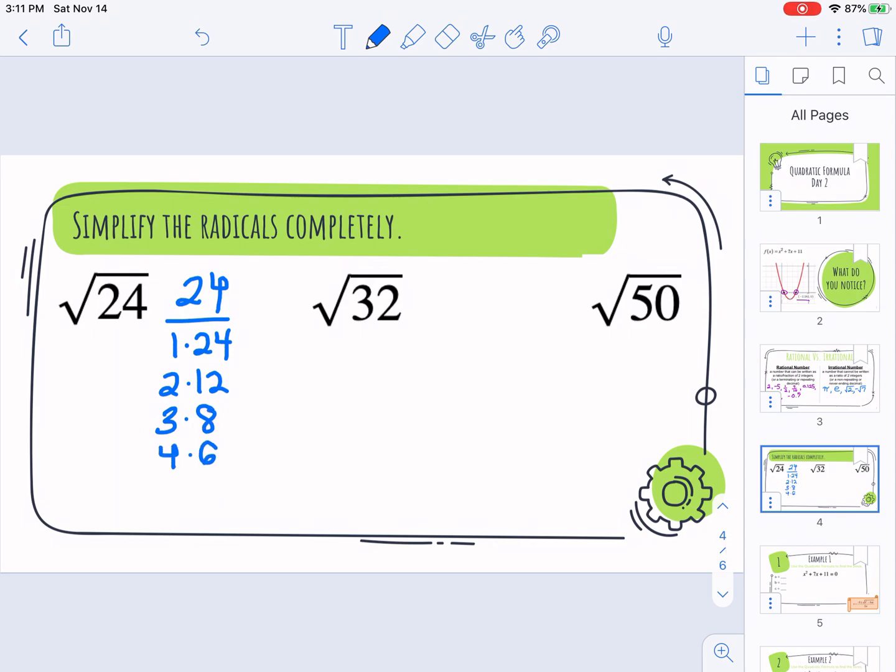Because I want to simplify this square root, I want to choose the largest perfect square I see. So I see that 4 is a perfect square. I can rewrite the square root of 24 into the square root of 4 times 6 because 4 and 6 multiply to get 24. This is the same thing as the square root of 4 times the square root of 6.